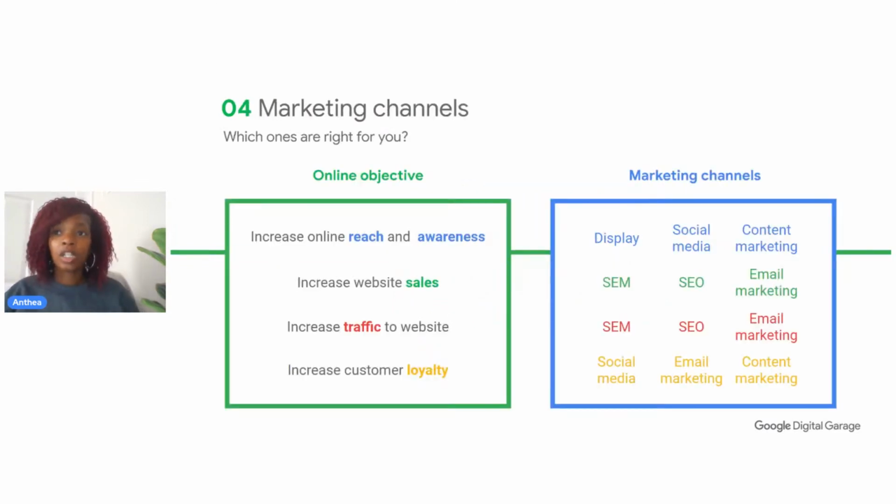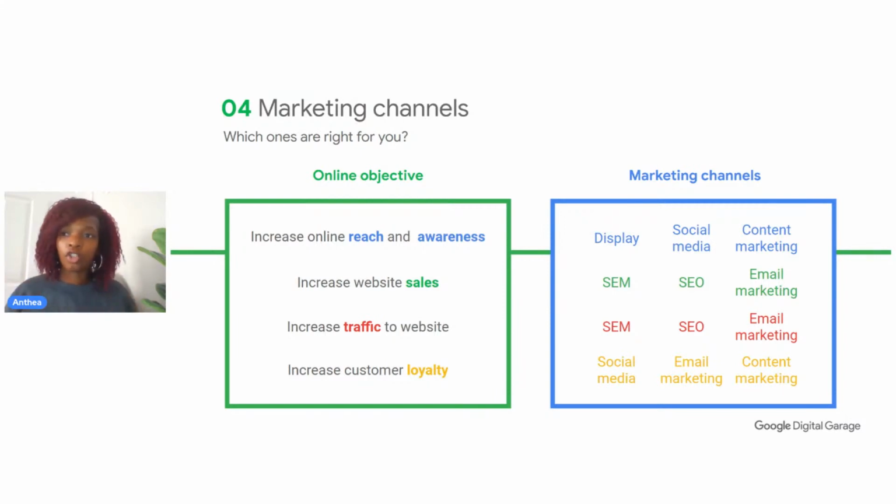So then we've got marketing channels. Which one is going to be right for you? Again, remember, it's all about where your audience are likely to be. If you want to increase online reach and awareness, use display, social media, content marketing. It's about getting out there and being visible. If you want to increase sales, then you want to look at paid marketing, SEO, and email marketing so you can specifically target people.